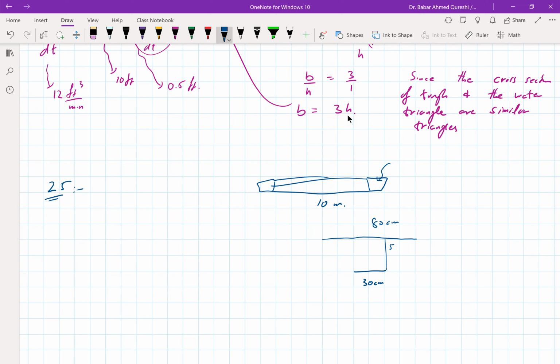So this is 50. Something like that. So this is 30. Then this side would be 20, this side would be 20. And you are filling in water like that.